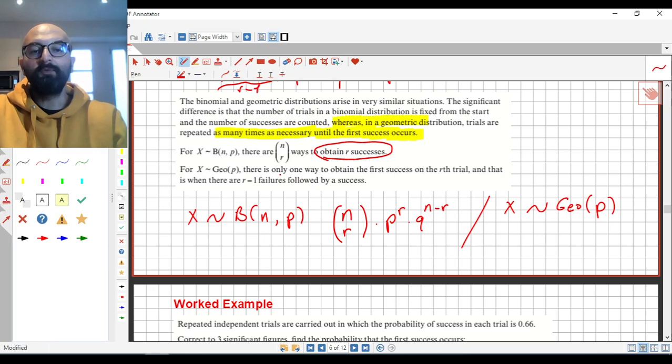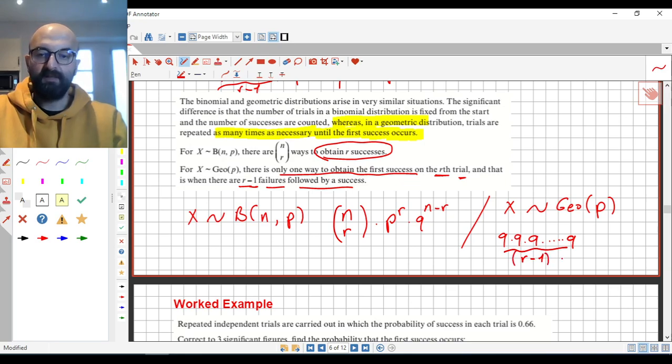There is only one way to obtain the first success on the rth trial, and that is when there are r minus 1 failures followed by a success. So the first trial is a failure, the second trial is a failure, the third trial has to be a failure, up to the r minus 1 trial being a failure, and then the rth trial is a success.